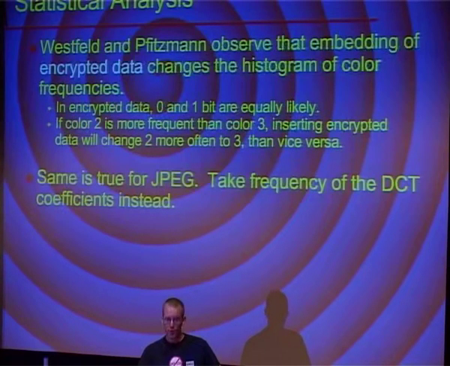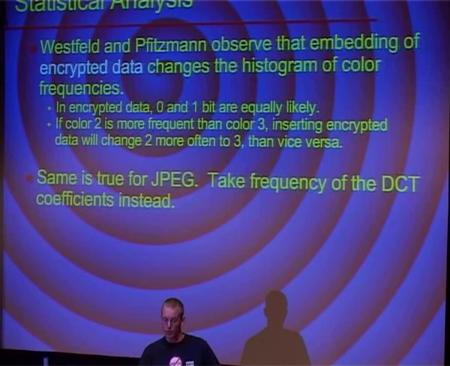First of all, you have to notice that 2 and 3 only differ in their least significant bit. So if I just modify least significant bits, and I put a 1 bit into a 2, it will become a 3. And if I put a 0 bit into a 3, it will become a 2. Since the data is encrypted, both 0s and 1s are equally likely.